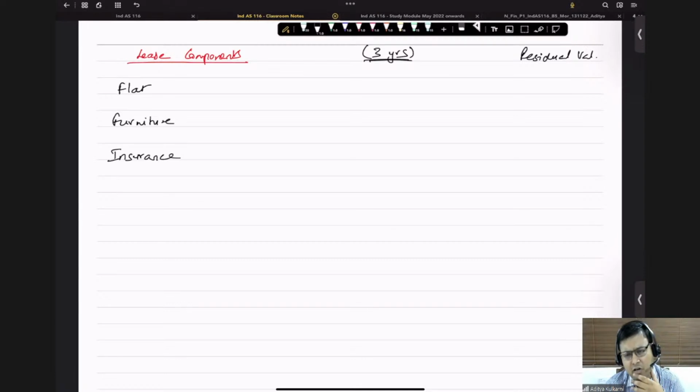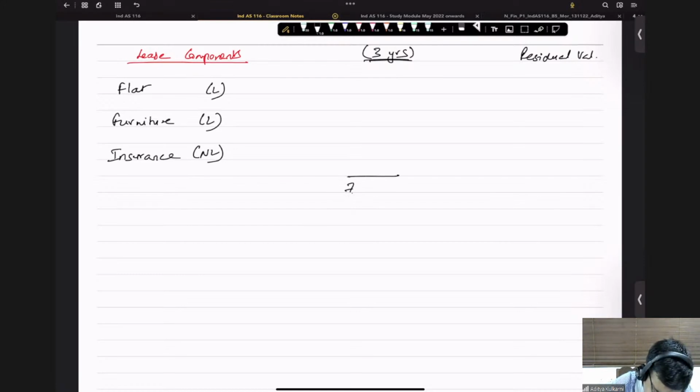Why does he charge it to you? Well, he tells you, you are there in that flat, you are using appliances like LPG, etc. So I have to protect my flat against you, and because I have to protect my flat, I'm getting it insured. So this becomes a lease component, and this becomes a non-lease component.